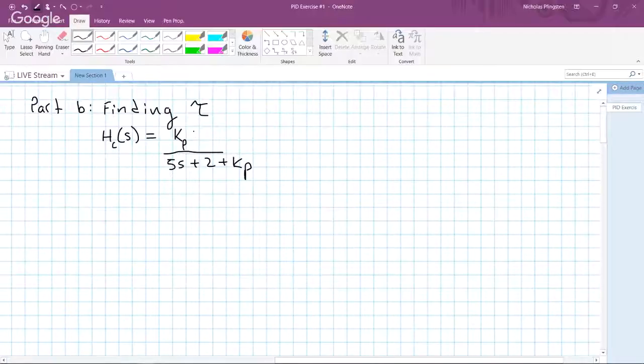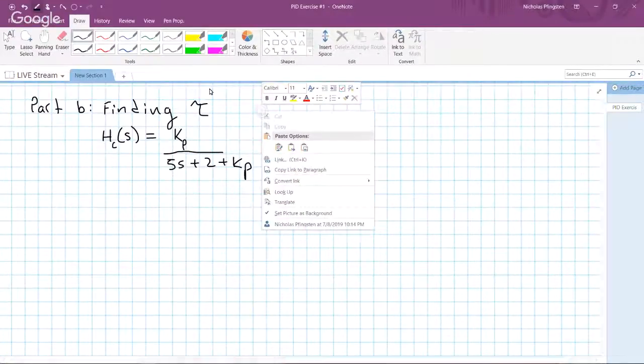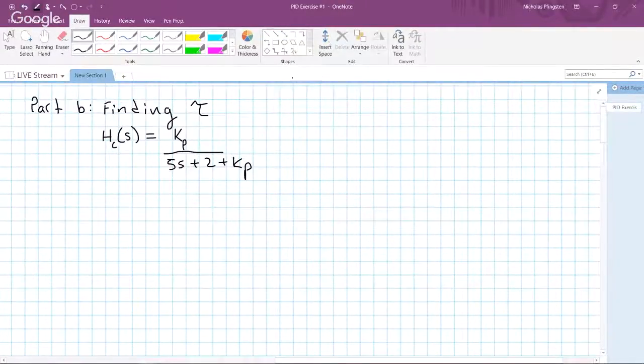All right. Now, let's recall the standard form for an equation of motion. If you've taken vibrations or that level of physics, the standard form for a second order differential equation involves mass, viscous damping, and your stiffness parameters.